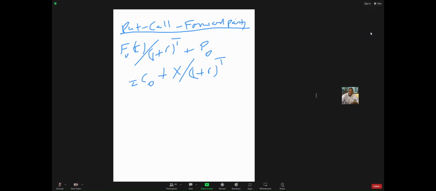Of course, we divide with that to get the present value. So you can see that the proxy for the exercise price in the put is the forward contract price. In both sides, of course, you are buying.